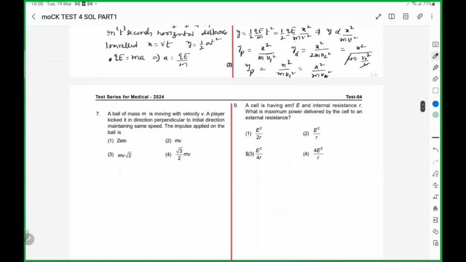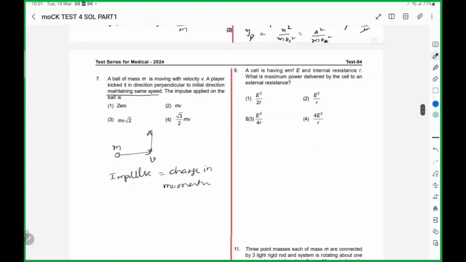A ball of mass m is moving with a velocity v. A player kicks it in a direction perpendicular to it, maintaining the same speed. So the impulse is change in momentum. P initial here is mv.